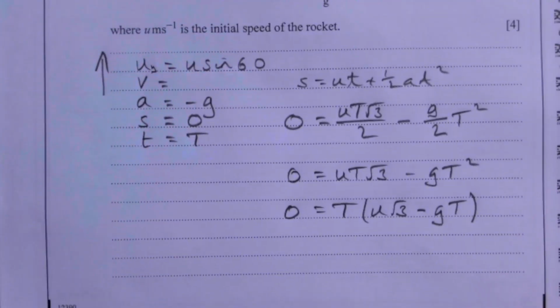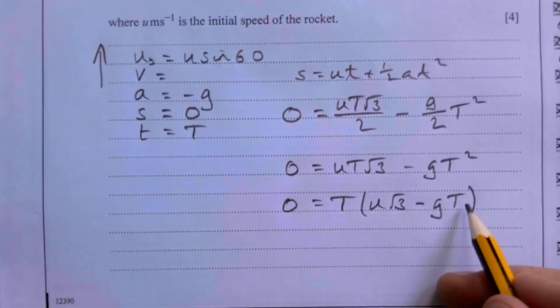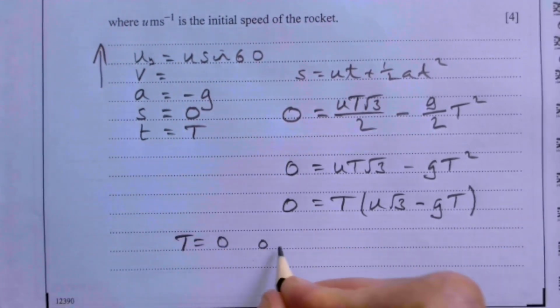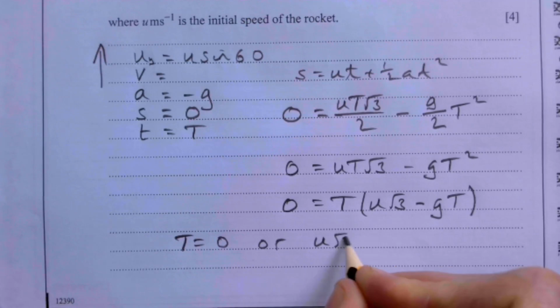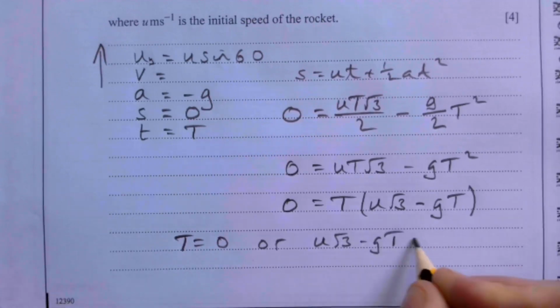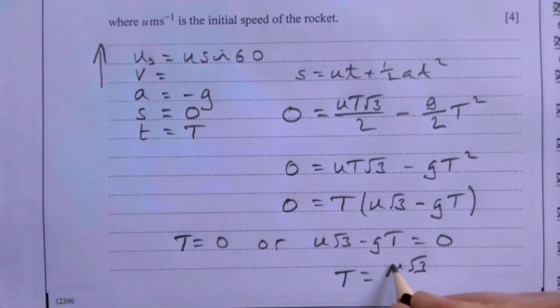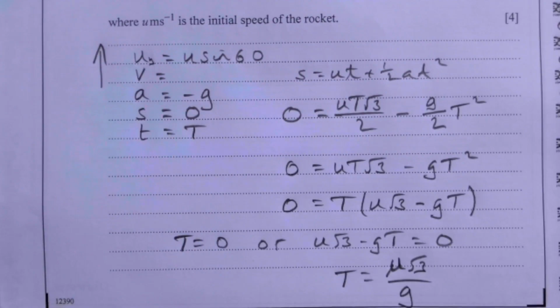So that means either t is 0 or u root 3 minus gt is 0, and rearranging this to get the t on its own, we get t equals u root 3 over g.